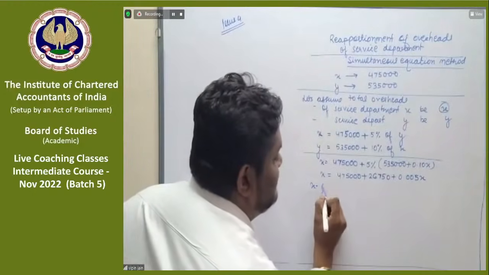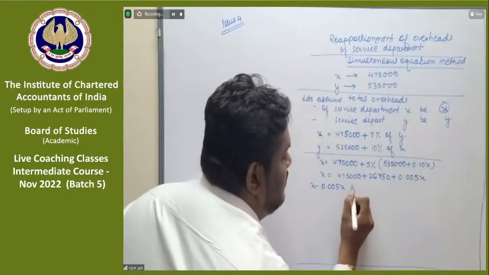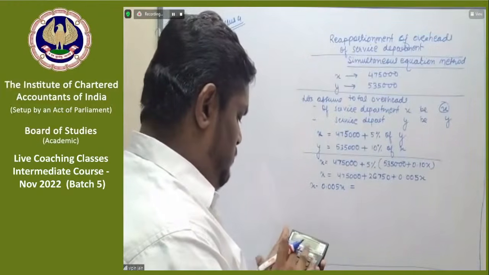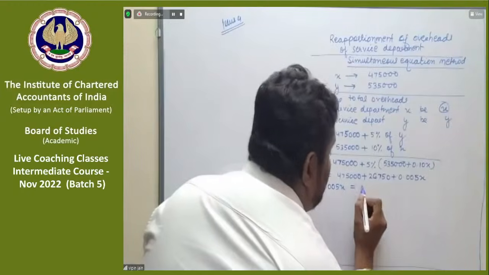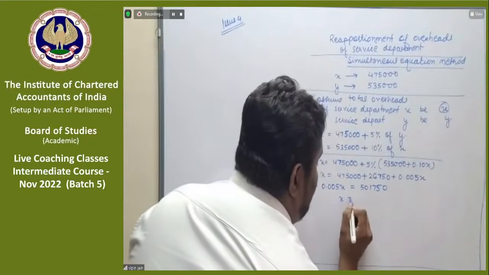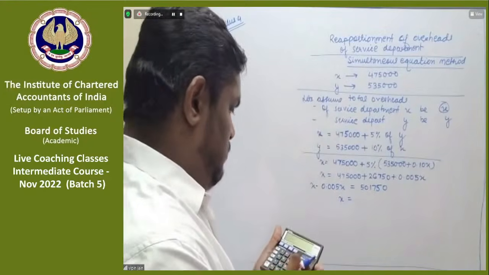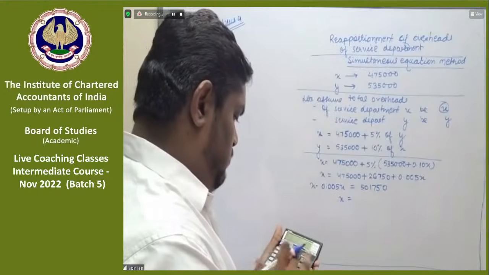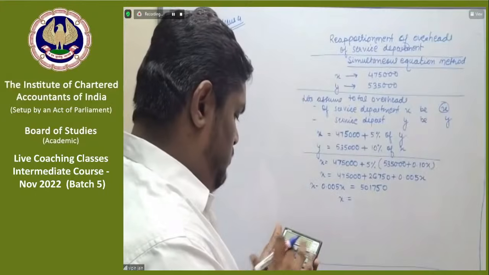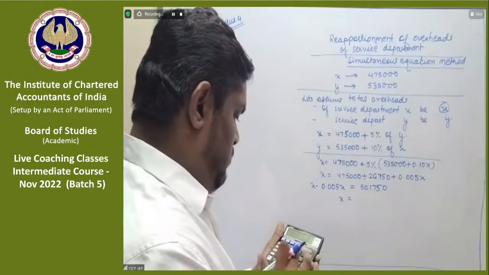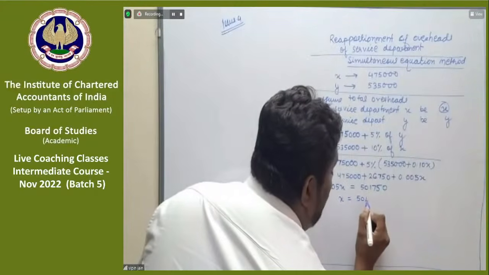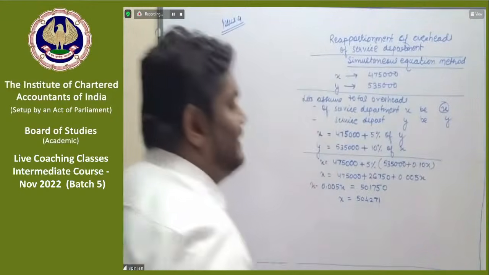So x minus 0.005x should be equal to 501750. So x will be equal to 504271. That will be the total overheads of X.